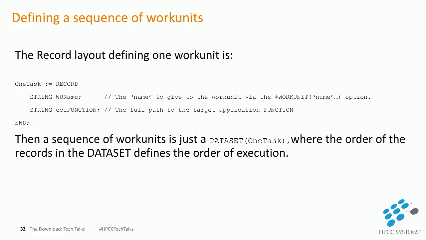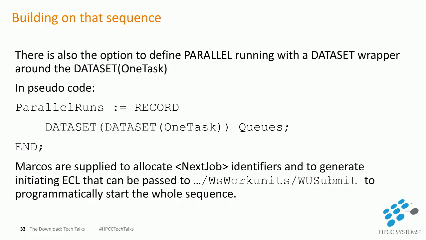And if you want to run sequences of work units in parallel, then you've just got data sets of those data sets, and effectively we can run any number of queues, sequences of work units, in parallel here.